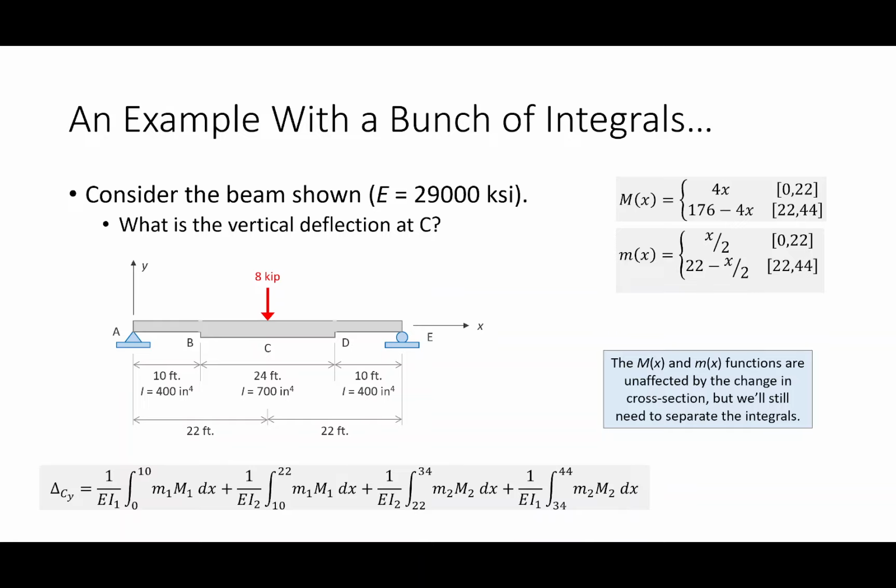One thing I do want to point out, by the way, look at the integration, okay? I have to multiply little m times big M, okay? So let's take the first 2 expressions. If I have to multiply this times this, what is 4x times x over 2? Somebody tell me. Say again? 2x squared. 2x squared.